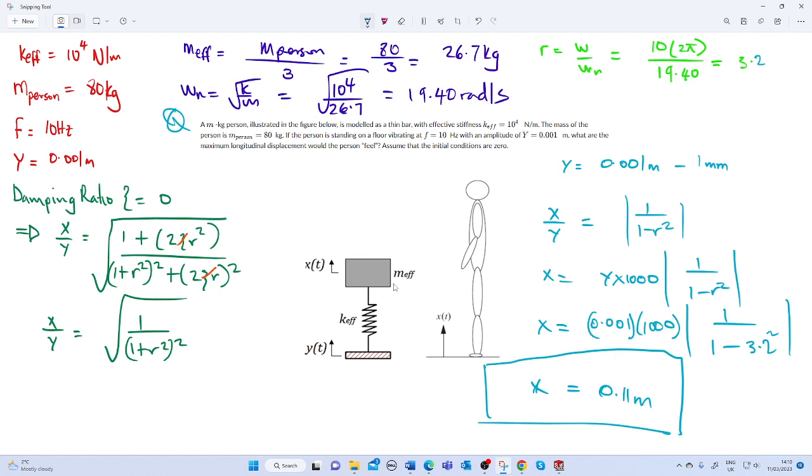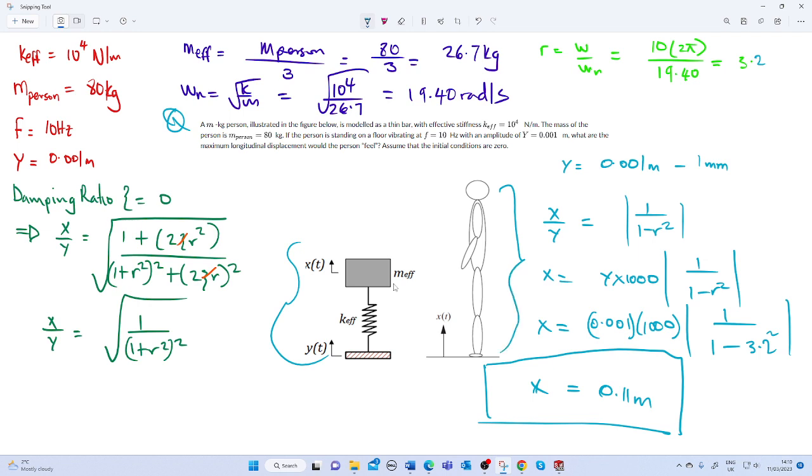Now today we are modeling a spring mass system of a timber to a person standing on the floor vibrating.